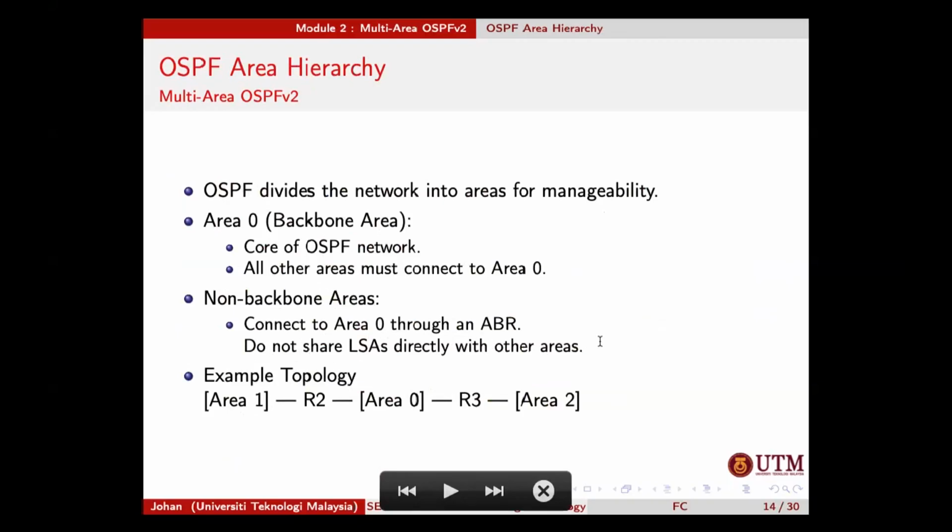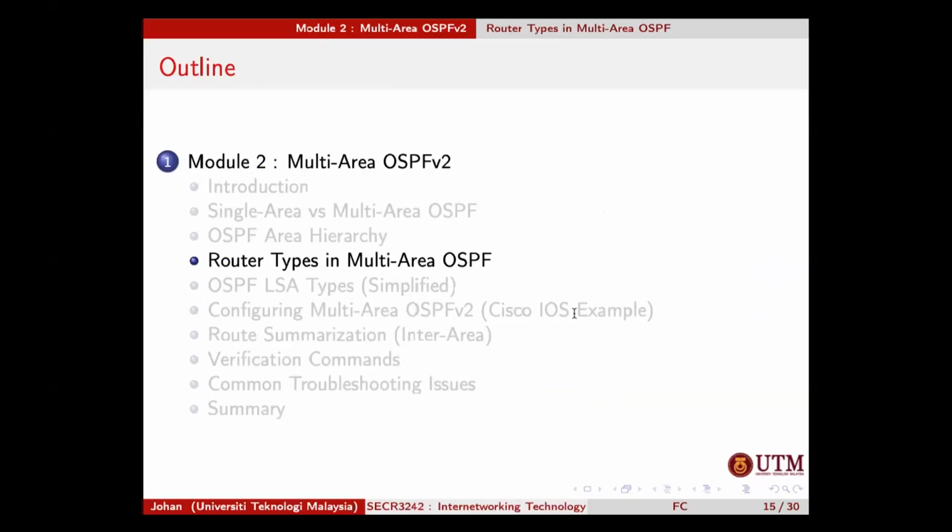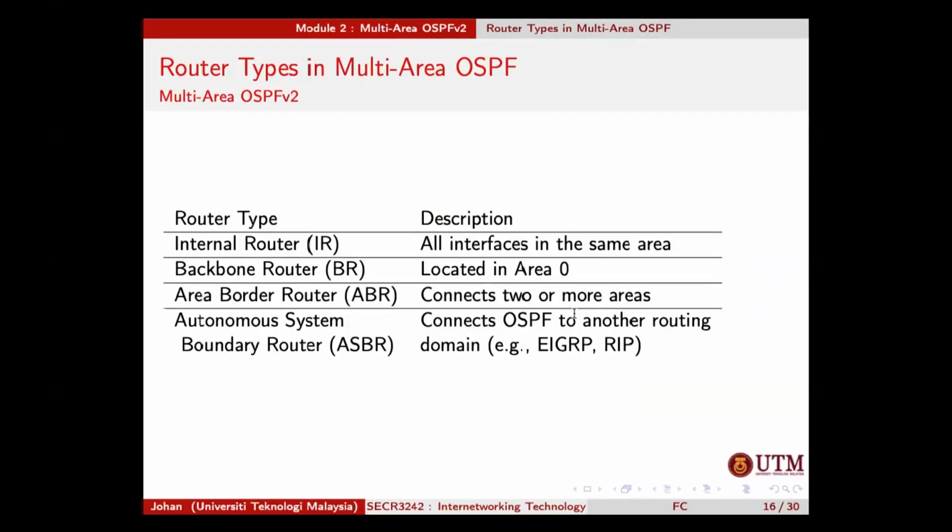Okay, this is an example topology, like if you want to create one like this. And also the following router types in multi-area. When you create that, we categorize the routers for that area as well. An internal router has all interfaces in the same area. A backbone router is located in area 0. An area border router, or ABR, connects two or more areas.